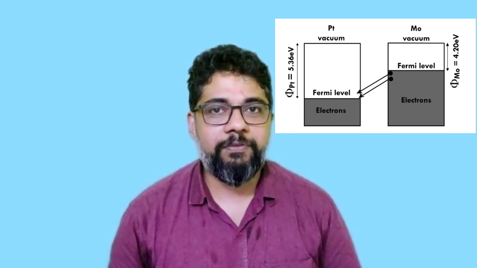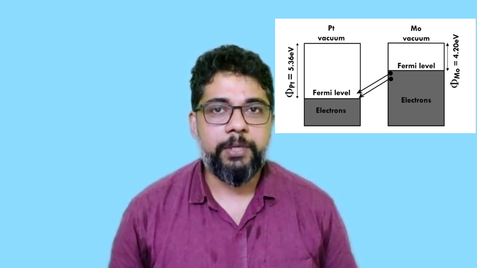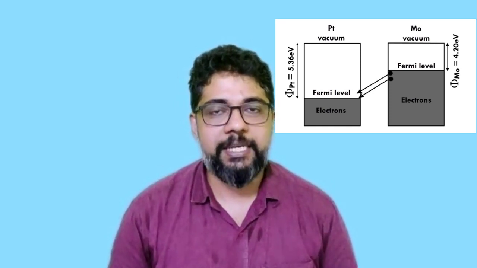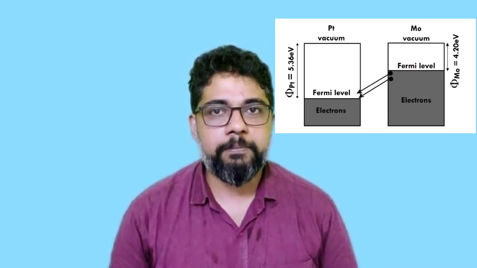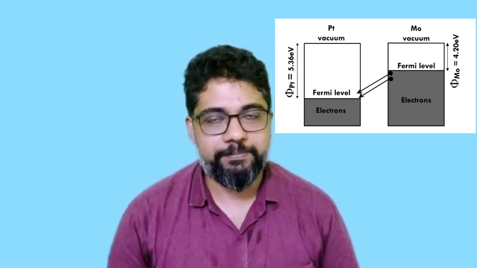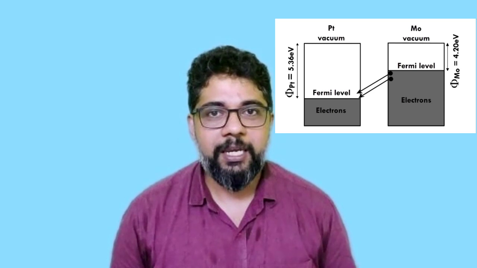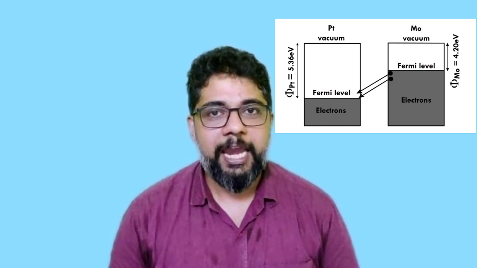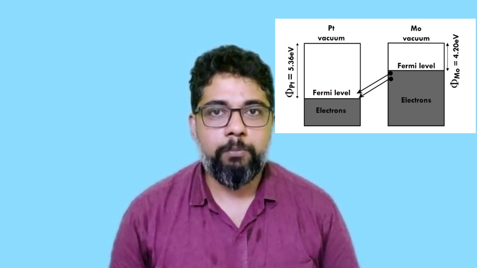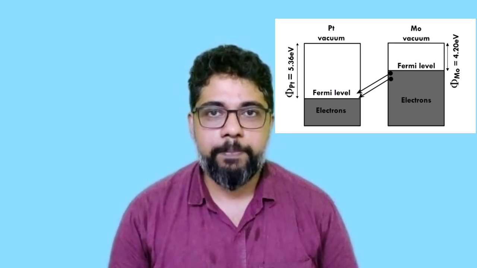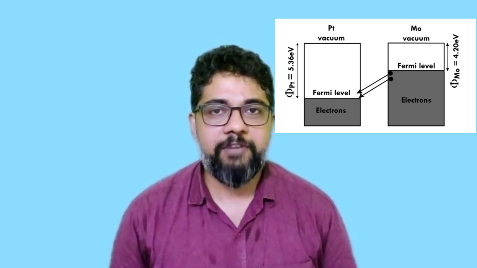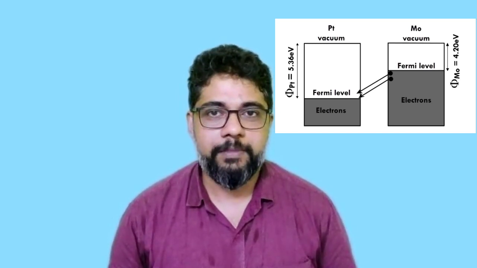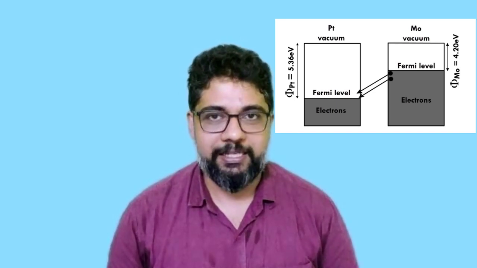Let's take the example of forming a junction between two materials, molybdenum and platinum. As you can see, the work function of molybdenum is smaller when compared to platinum. So when we make a contact between these two materials, electrons from molybdenum will move to the free states in platinum, so that there will be positive charges in molybdenum when the contact is materialized.